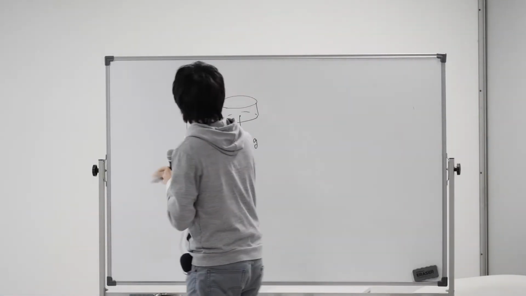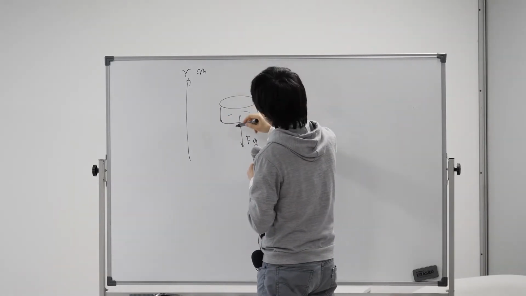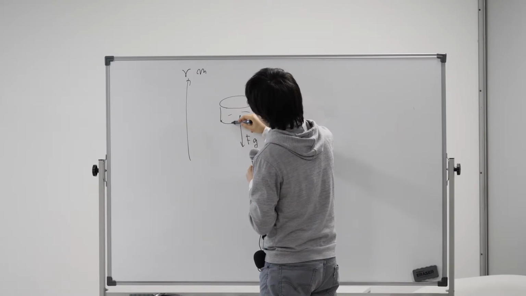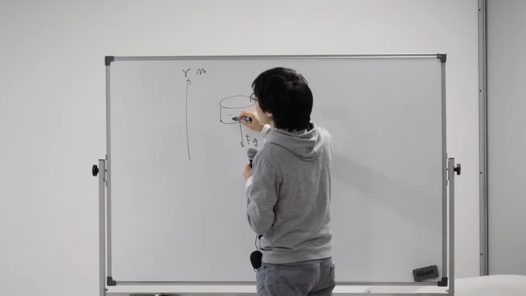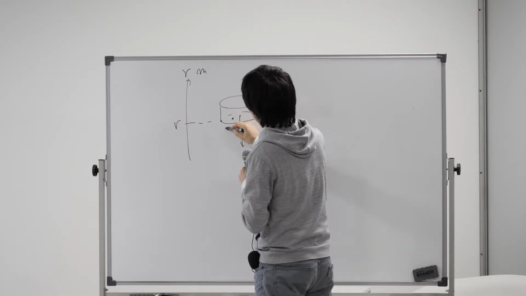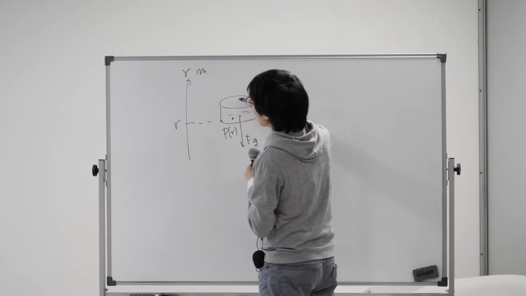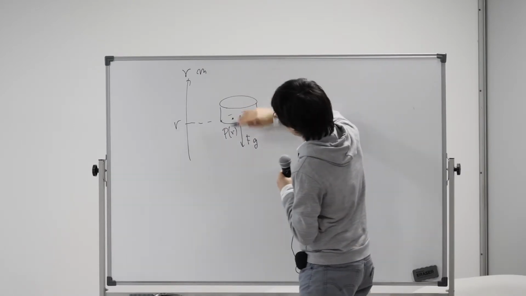and then of course there's a pressure on this side. On each side, there's a pressure in here. Let's say if this radius is R, then the pressure here is PR, and then this pressure is coming.